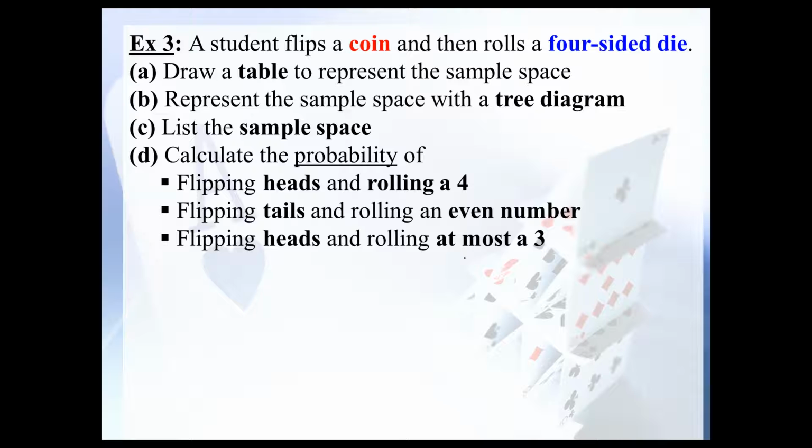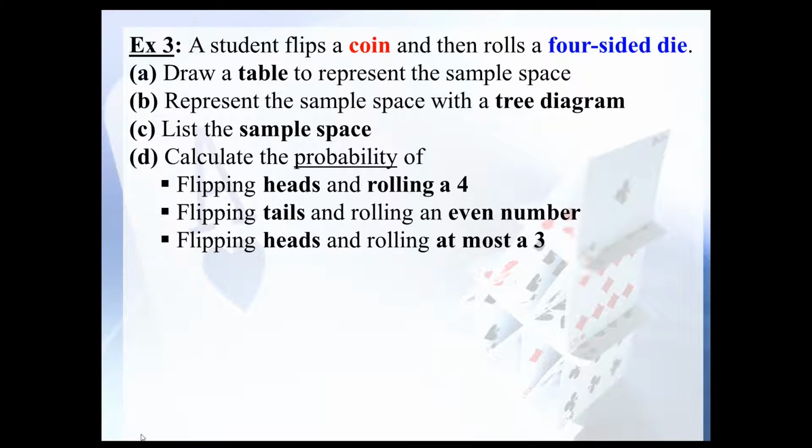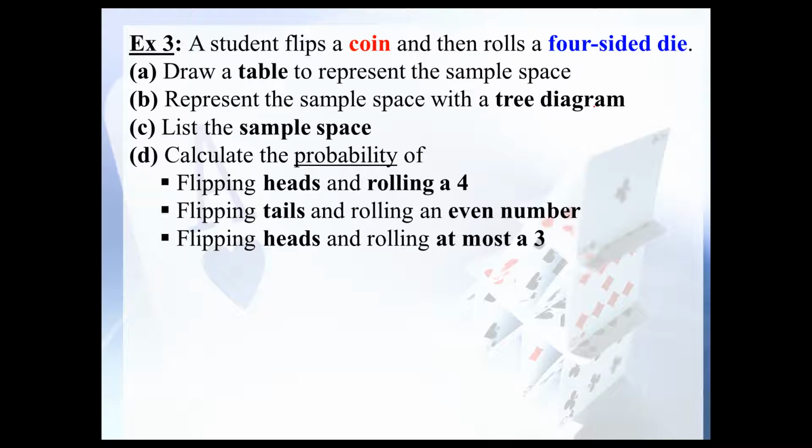Okay, so we have a student flips a coin and then rolls a 4-sided die. And what I want to do is first of all draw a table to represent the sample space. And then I want to draw a tree diagram to represent the sample space, then list the sample space, and then do a bunch of probability calculations.